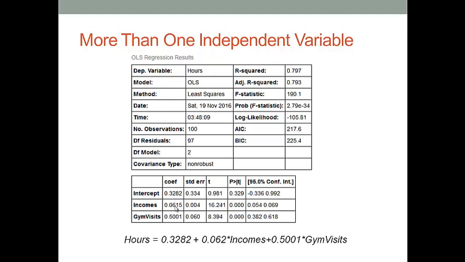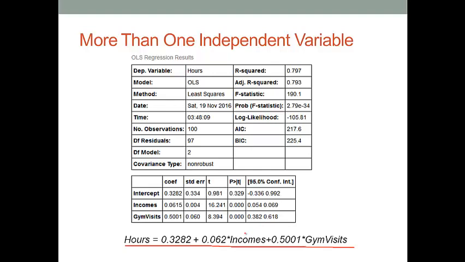According to our new analysis results, we can see that hours equals 0.3282 plus 0.062 times incomes plus 0.5001 times gym visits. According to this equation, you can ask two questions to the users in the future.